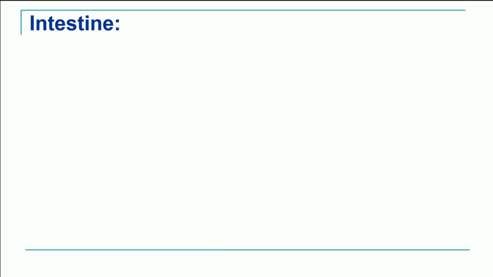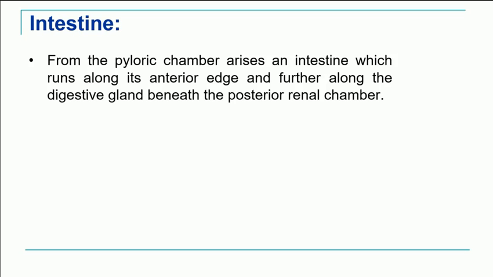Okay, now we move on to the next part of the midgut, that is known as the intestine. So after the stomach comes the intestine. It is a coiled tube-like structure which arises from the pyloric chamber of the stomach and runs along the anterior edge of this pyloric chamber, and further it runs along the digestive gland beneath the posterior renal chamber.